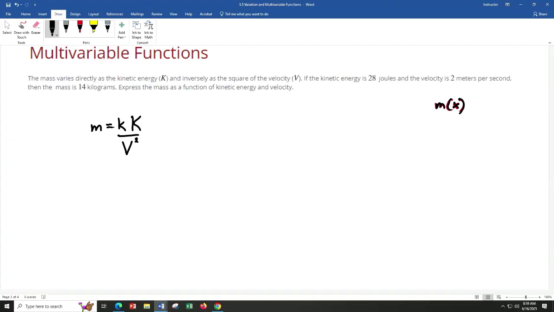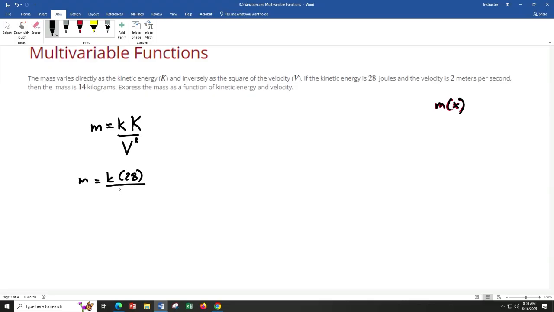So if the kinetic energy is 28 joules, we've got M is equal to K times 28, and the velocity is 2 meters per second.